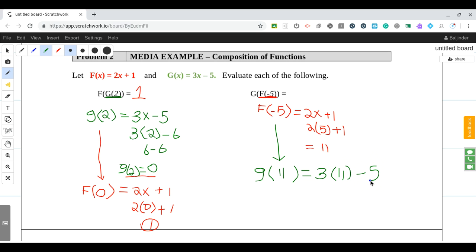Okay, let's do the math. So 3 times 11, that's 33, minus 5 is going to be 28. So this whole thing is equal to 28. Okay? So g of 11 is 28, and that's our final answer.